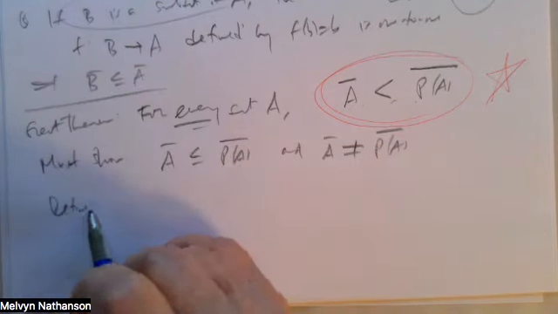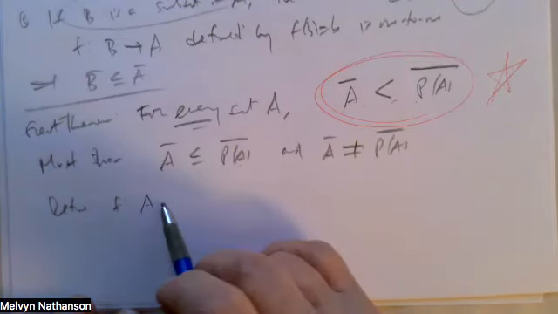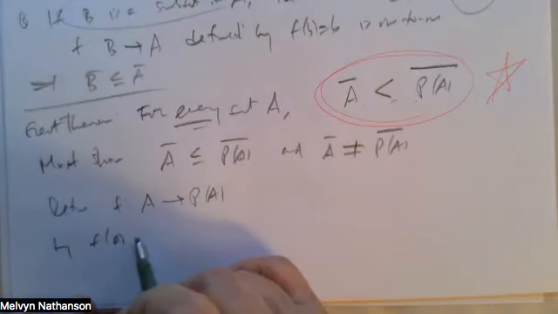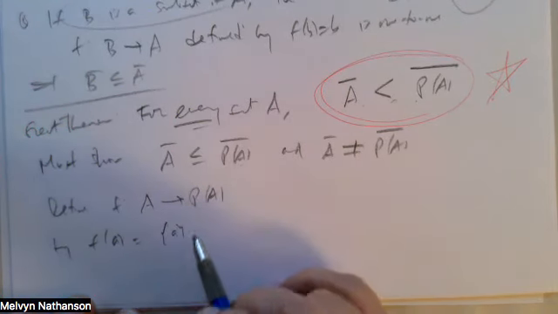Define a function f from A to the power set of A by f of the element little a is the subset of A consisting of just that one element.